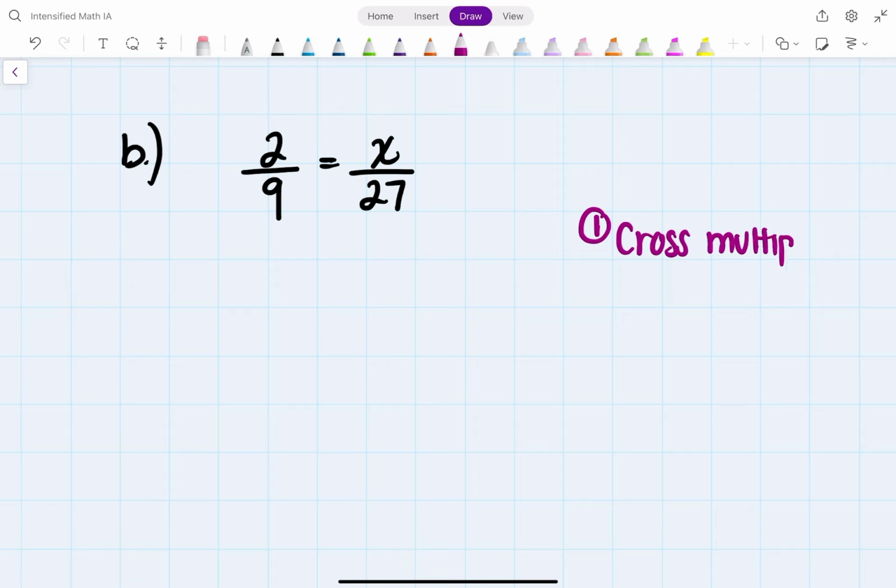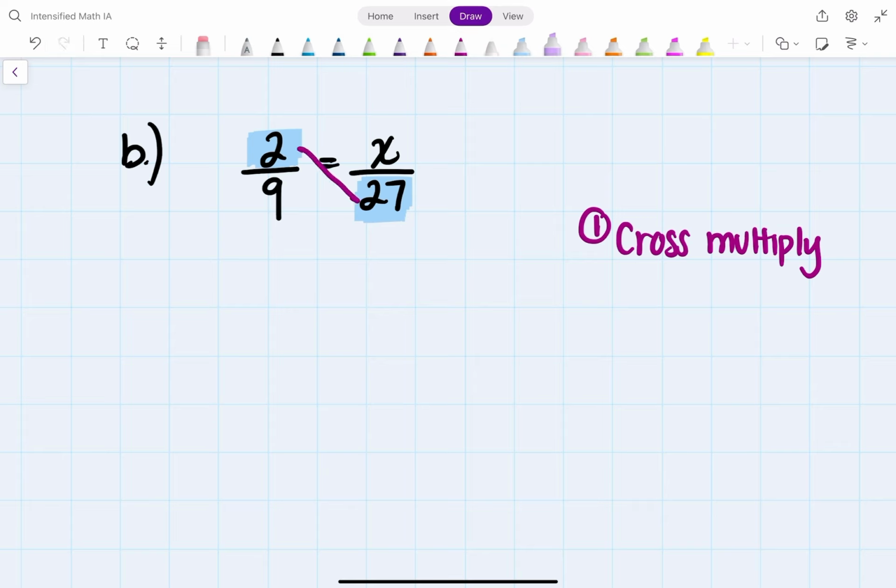Once again, if we're doing cross multiplication, I'm going to multiply the numerator, the top number of the fraction, by the denominator of the other fraction, the denominator being the bottom number of a fraction. So cross multiplication, like an x. I'm going to multiply those two.